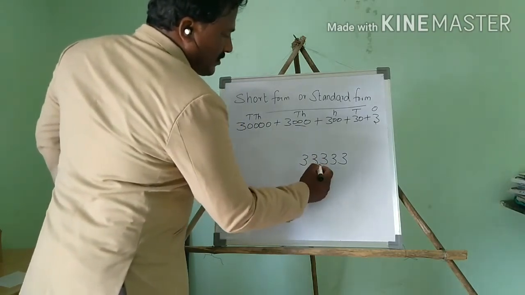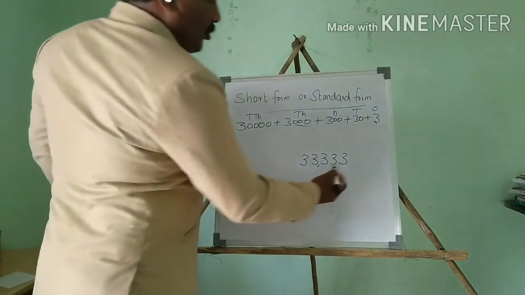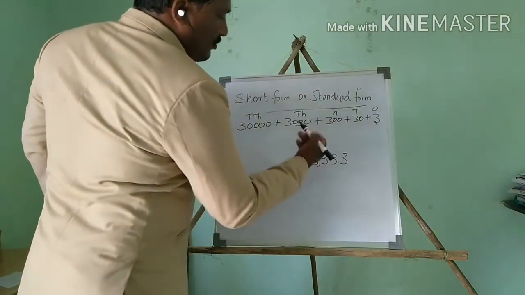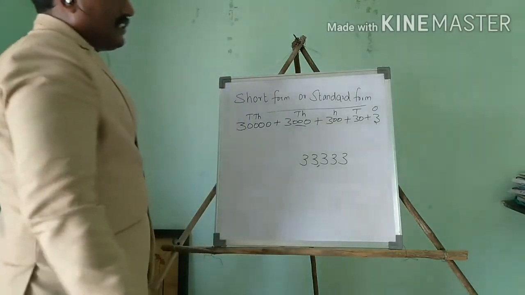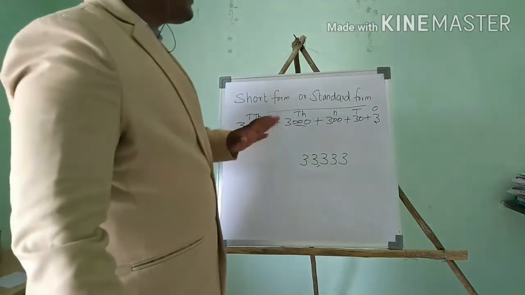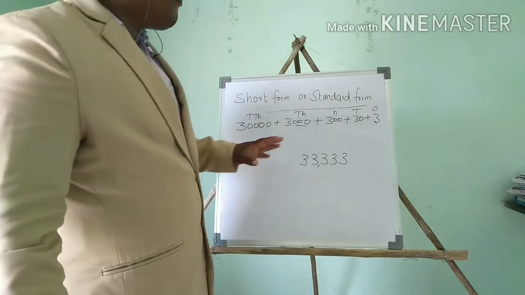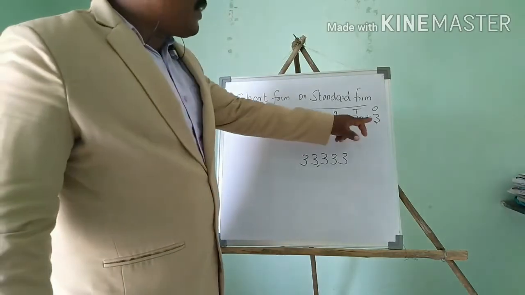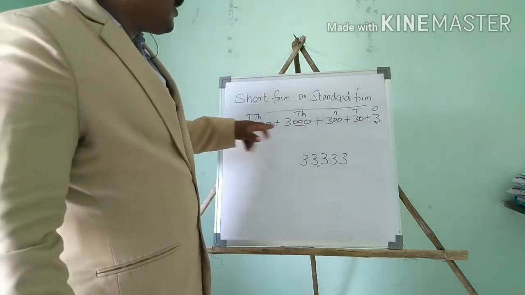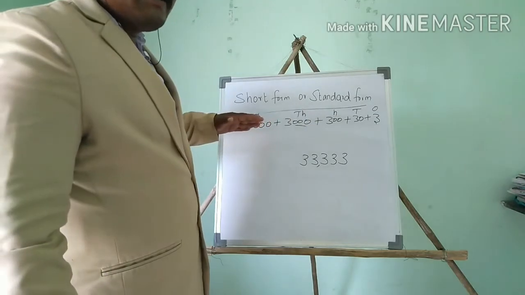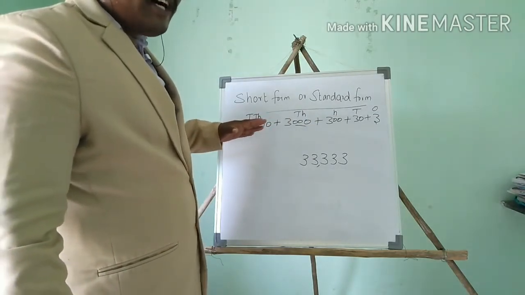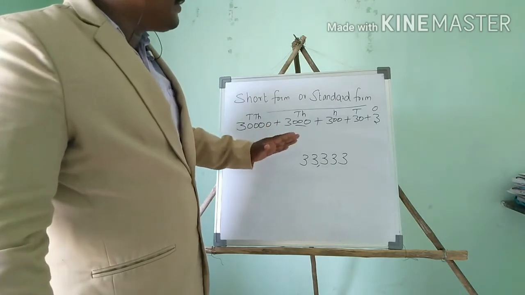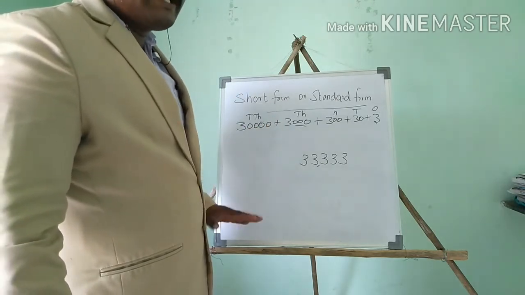So we can write it easily: 33,333. So first you have to check whether the given number has continuous place values. If it matches the continuous place value chart, you can take the number and write the standard form. It is very easy.